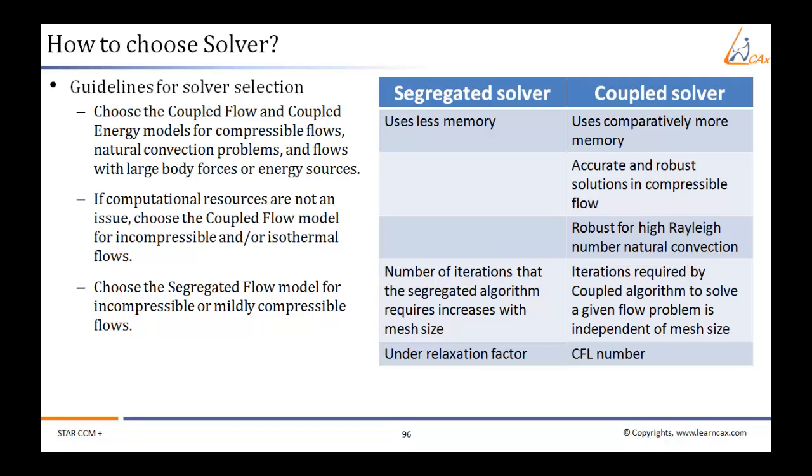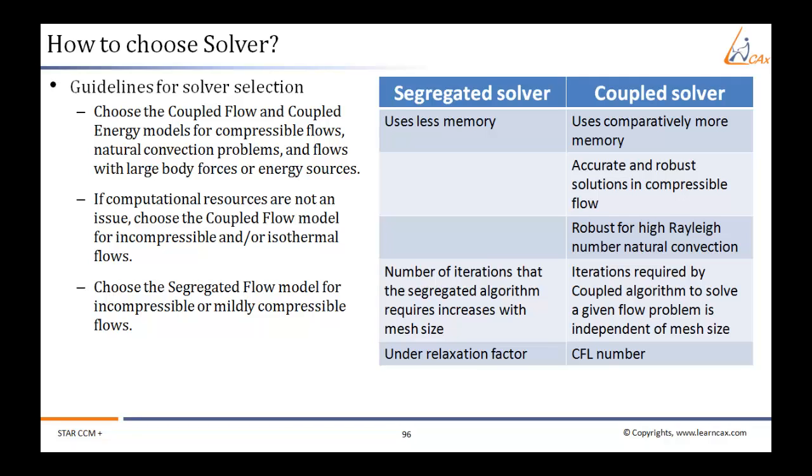The coupled algorithm is more robust for high Rayleigh number natural convection. The number of iterations that the coupled algorithm requires to solve a given flow problem is independent of mesh size. However, the number of iterations that the segregated algorithm requires increases with mesh size.